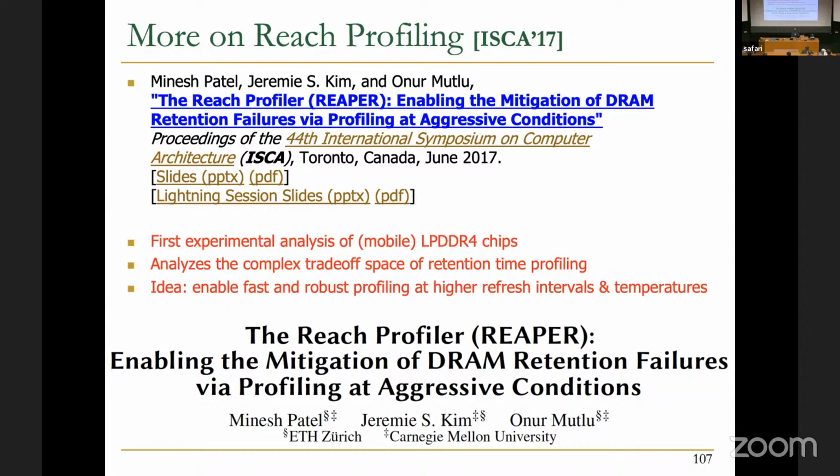Over time, you figure out which cells you can refresh less frequently, and your performance and energy efficiency improve. Sometimes you make mistakes, meaning you should not have refreshed some cells so infrequently, but you figure out those mistakes during profiling and you adapt over time.